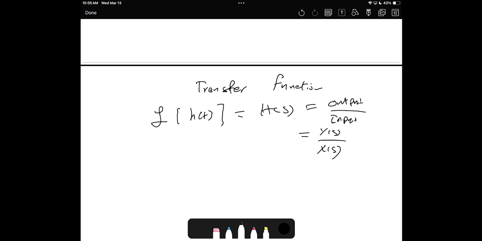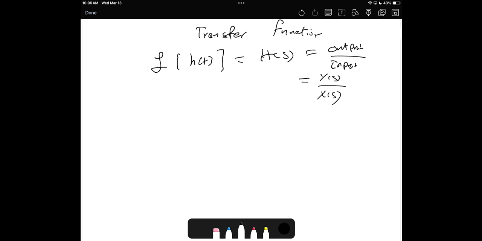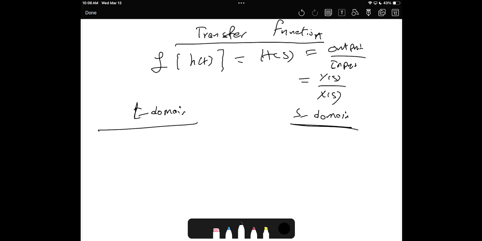Now, some comparison, or what's the importance of the transfer function, or the importance of the T domain and S domain. So here, T domain or time domain. Then here, S domain, or in other words, frequency domain. In the time domain, whenever we have an input X of t, output Y of t, and here the system is H of t, we used to say Y of t equals the convolution, X of t convolved with H of t, right?